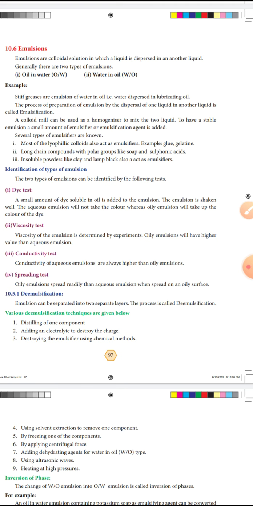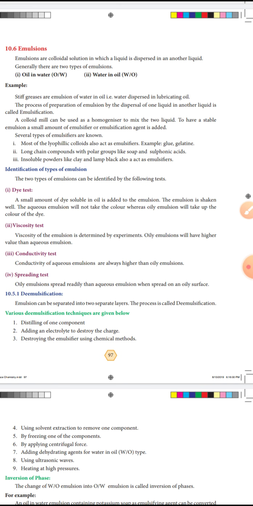Conductivity of an aqueous emulsion is always higher than that of an oily emulsion. The fourth test is the spreading test. Oily emulsion spreads more readily than aqueous emulsion when spread on an oily surface.